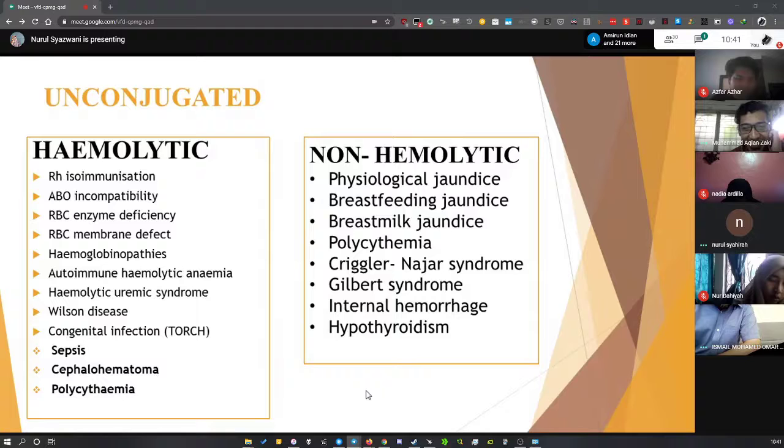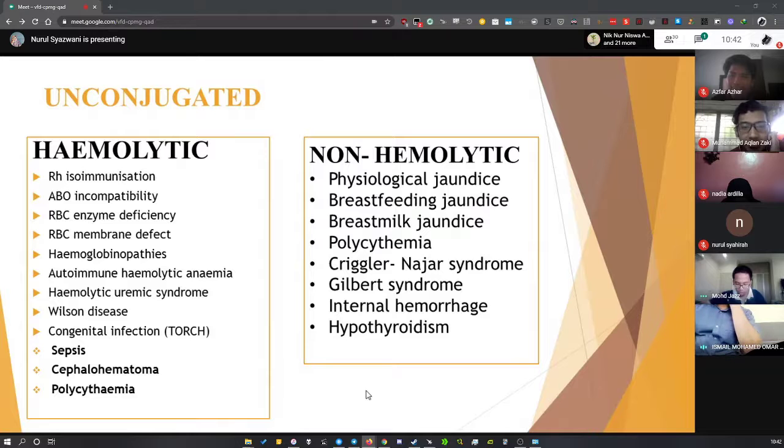Is it meat, Prof? Yes, meat. Which meat? Red meat. Yes, which red meat? It is hamburger.